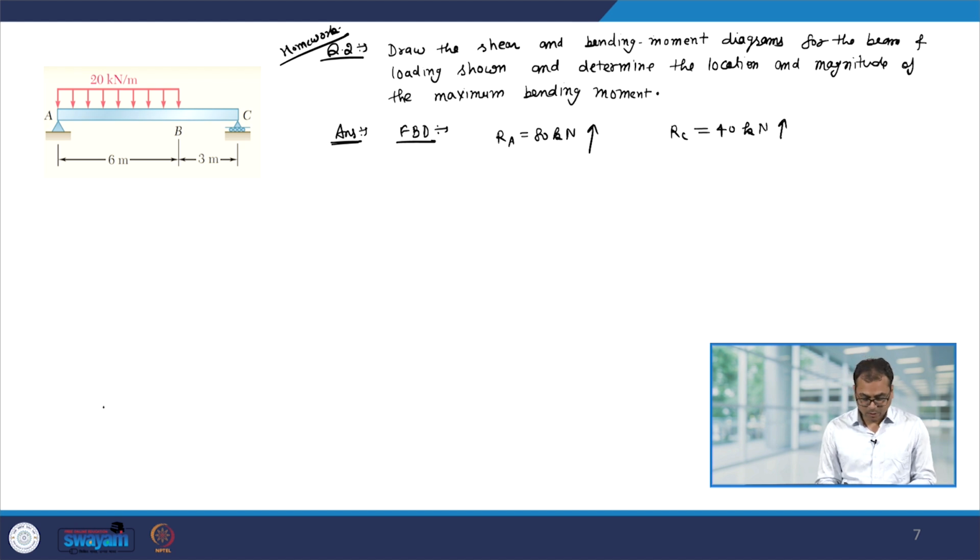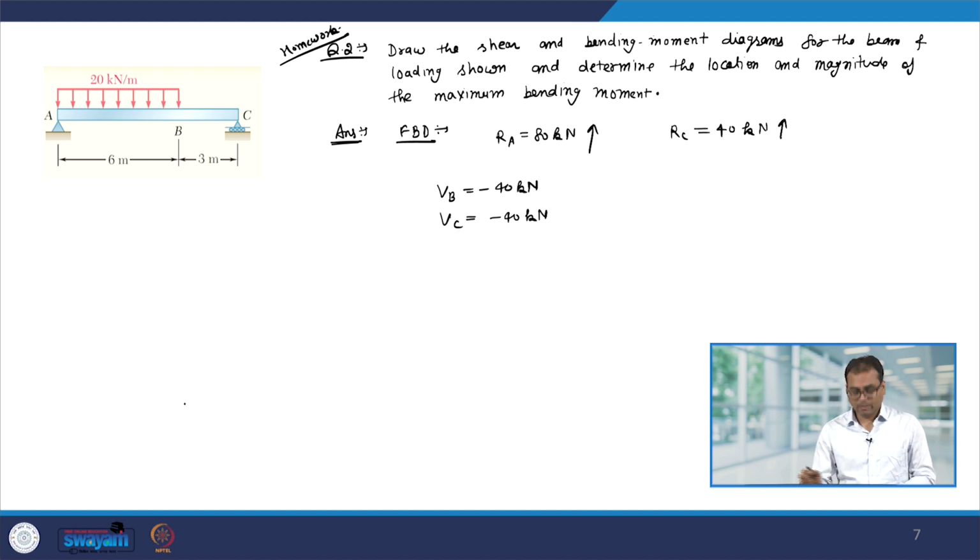You can find out the shear force at point B. So, shear force at point B will be minus 40 kilonewton. The shear force at C will also be minus 40 kilonewton.